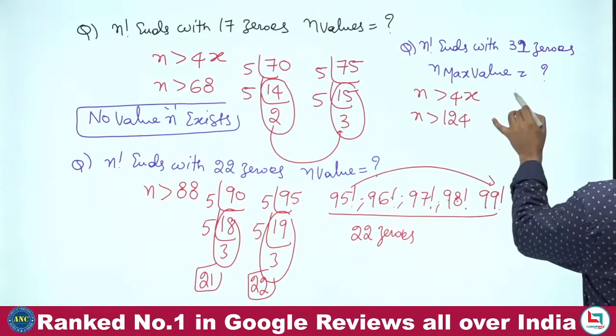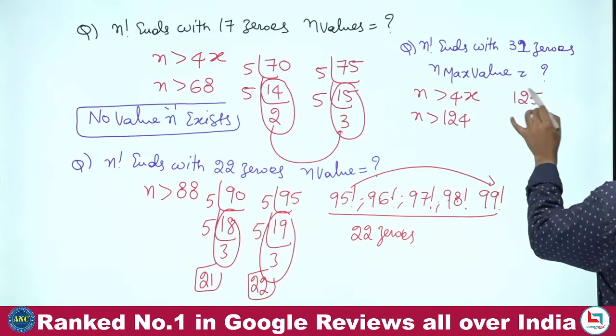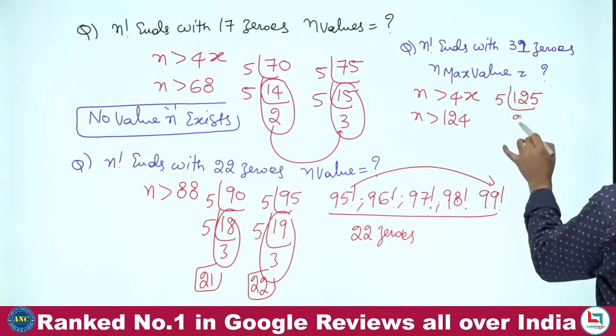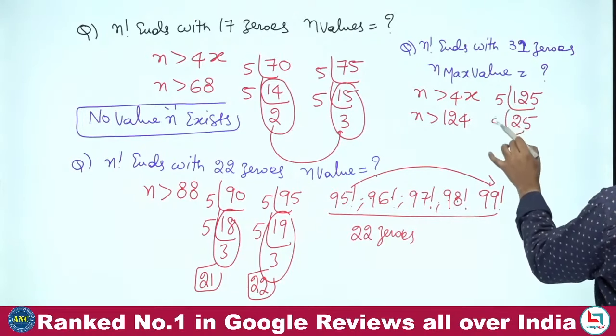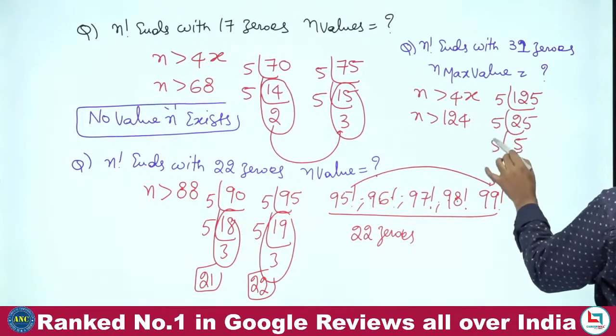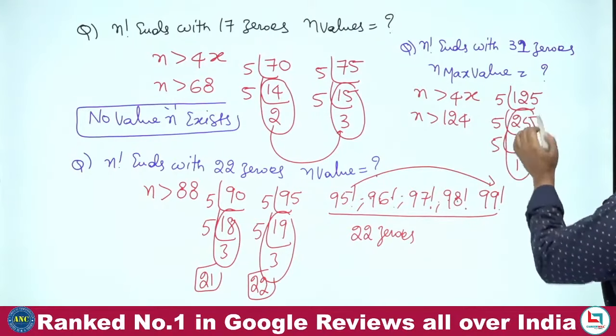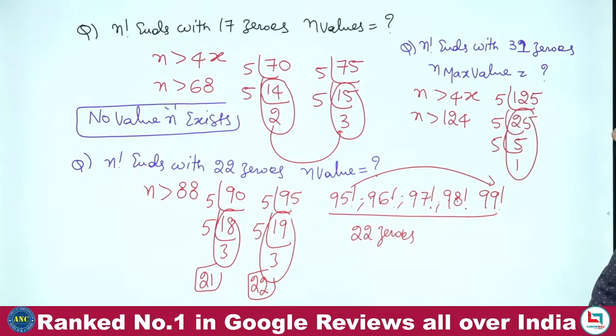What is the multiple of 5 just greater than 124? 125. 5 25s are 125, 5 5s are 25, 5 1s are 5. 25 plus 5 plus 1, 31 zeros.